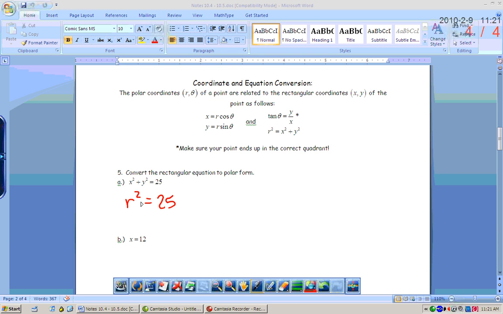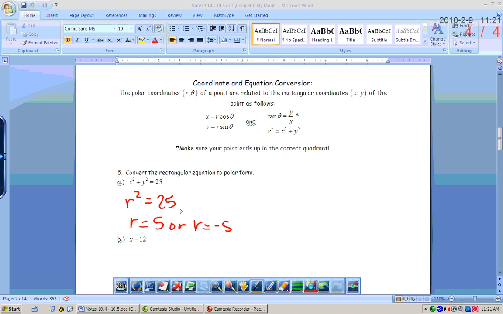And usually you try and solve for either r or theta, if you can. So you could take the square root of both sides, and r would equal 5, or r could equal negative 5. And just like you can have multiple names for each point, you could have multiple names for each equation.